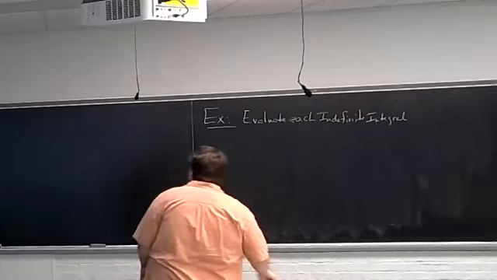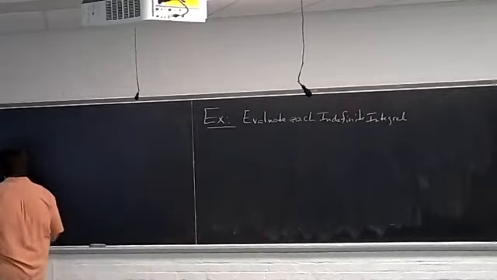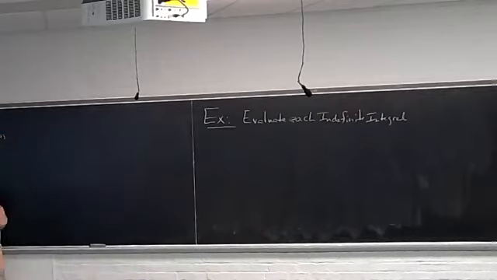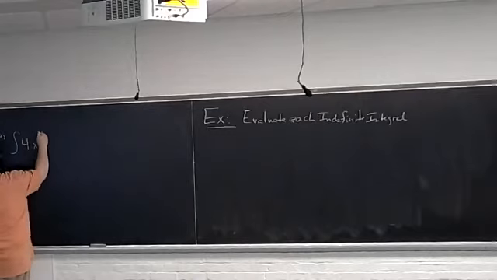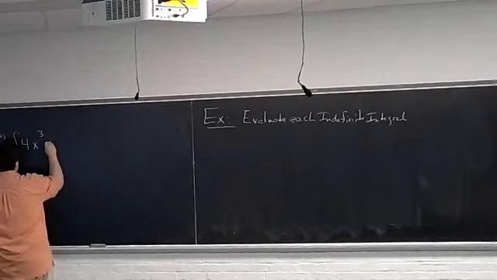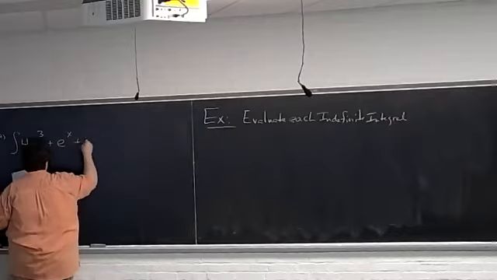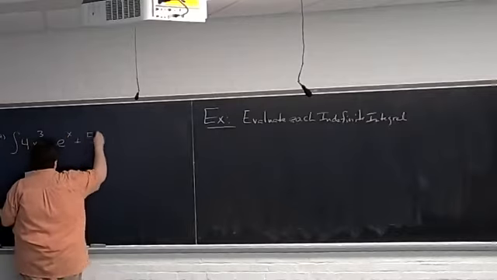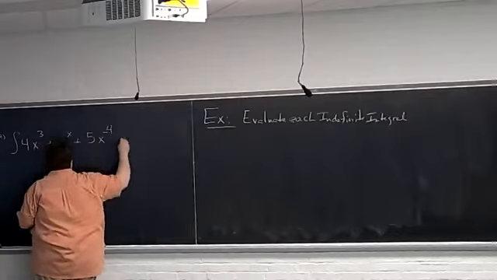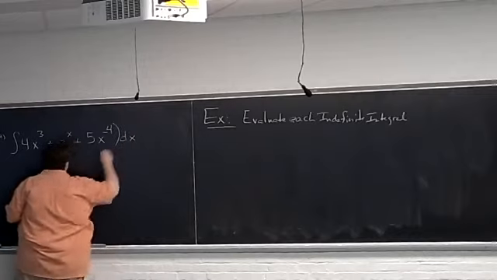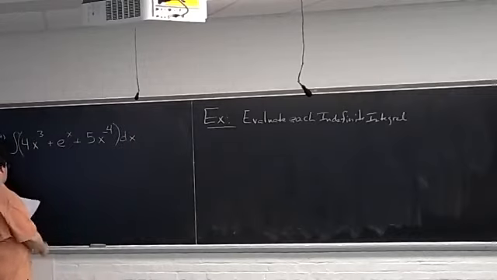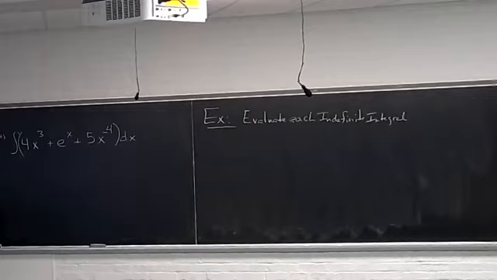First, part A. Integral of 4x cubed plus e to the x plus 5x to the negative 4 with respect to x. Let's write the other 2.